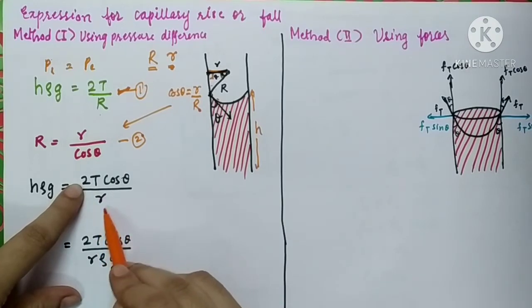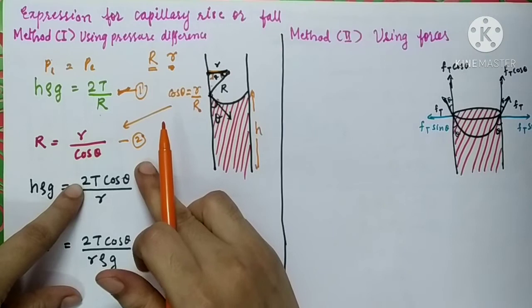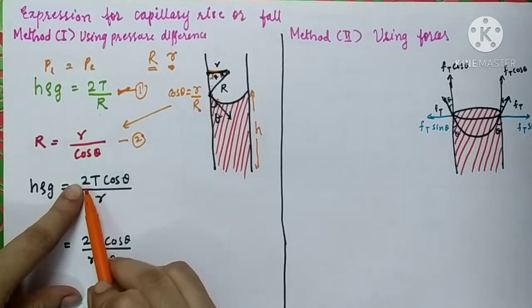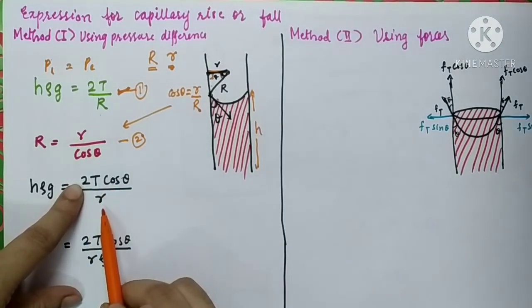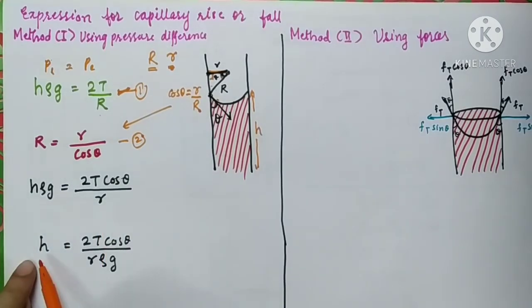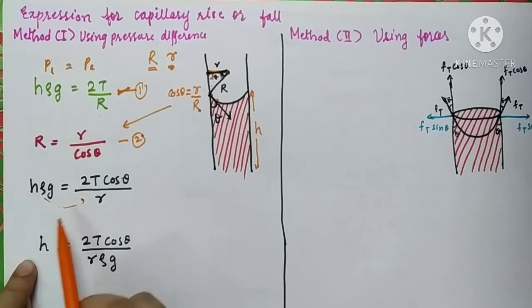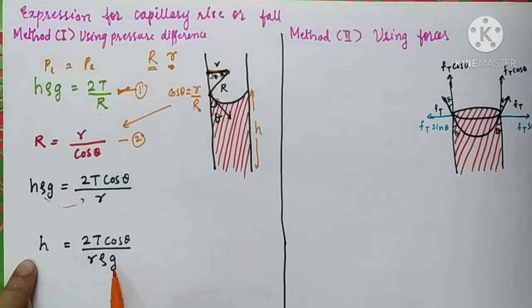So the cos theta in the denominator will come to the numerator, and our expression becomes 2T cos theta upon small r. Now from this equation we can extract the value of h. The rest of the terms will be taken to the right hand side. h will have the formula 2T cos theta upon r rho g.